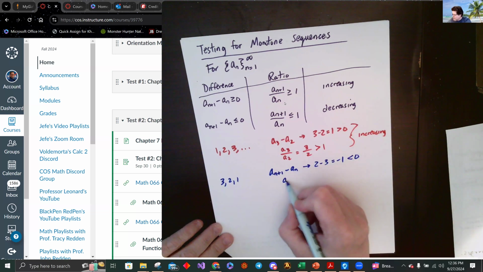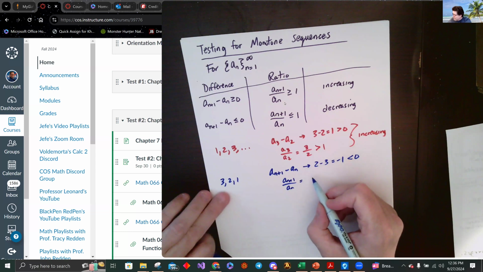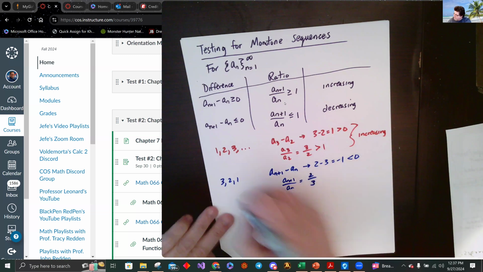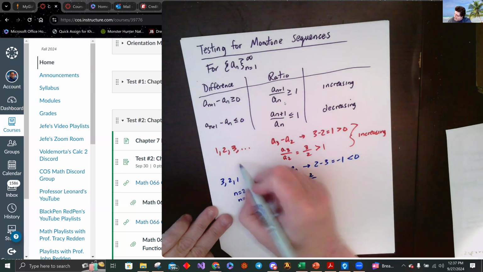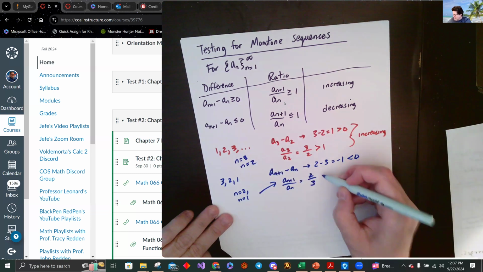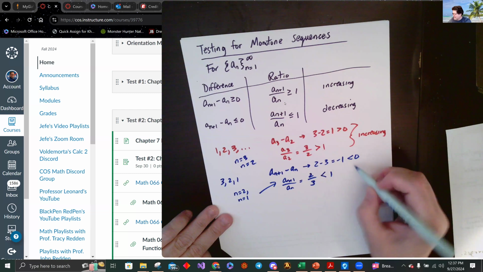Or if I do the ratio test using 2 and 3 again, this is like n equals 2 and n equals 1. Here I did n equals 3 and n equals 2. This is less than 1. And they both show less than signs. These are decreasing.